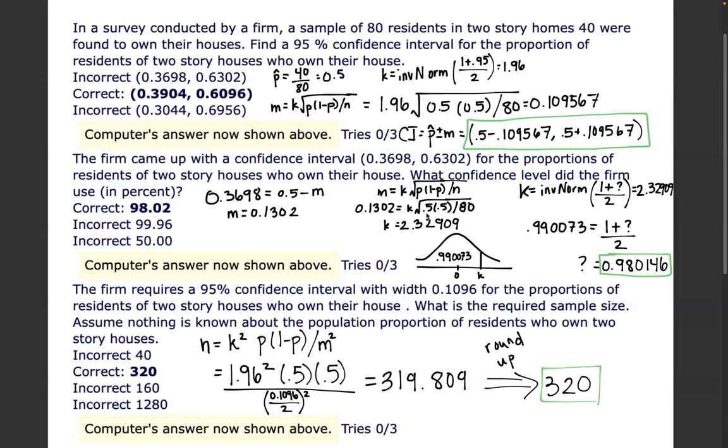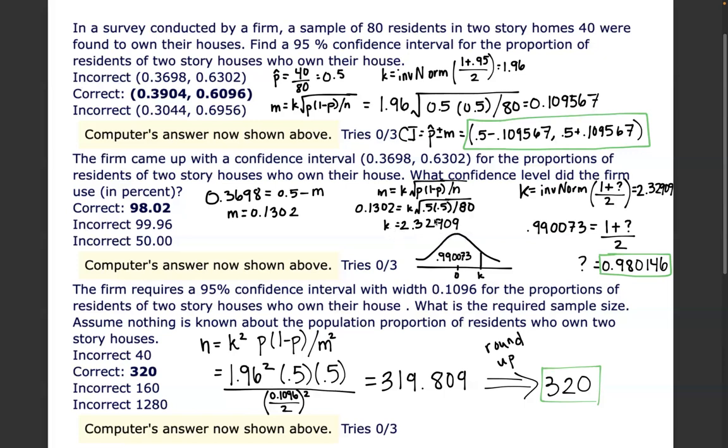So if you take this equation here that I'm circling with the mouse and solve for k, we're going to take this number here, 0.1302, and divide that by the square root of 0.5 times 0.5 divided by 80 to get our k, which equals 2.32909.